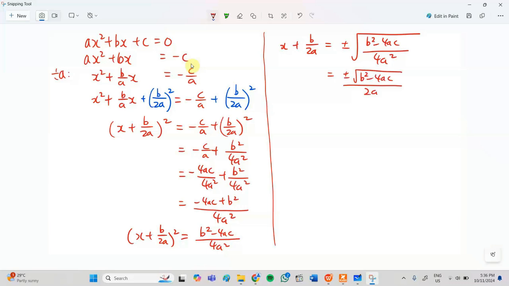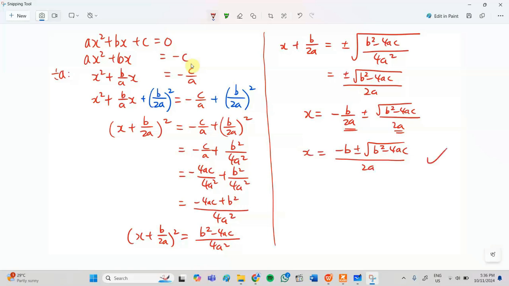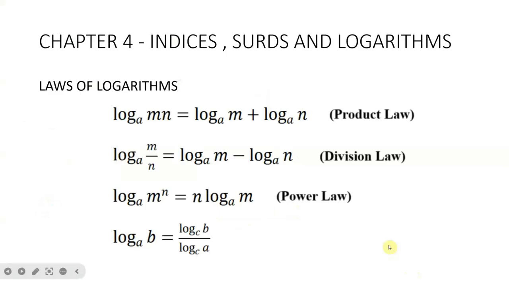For the last step, we move this here and you'll get x equals, and since the denominator is the same, we can write this as a single fraction over 2a, and the formula is proven.